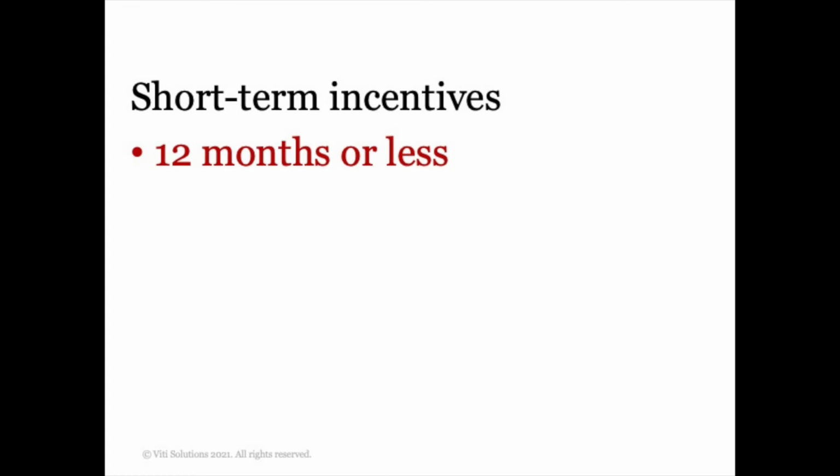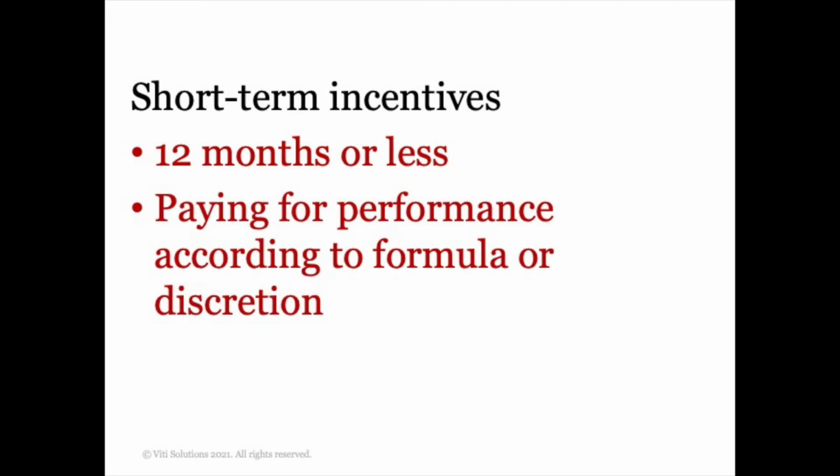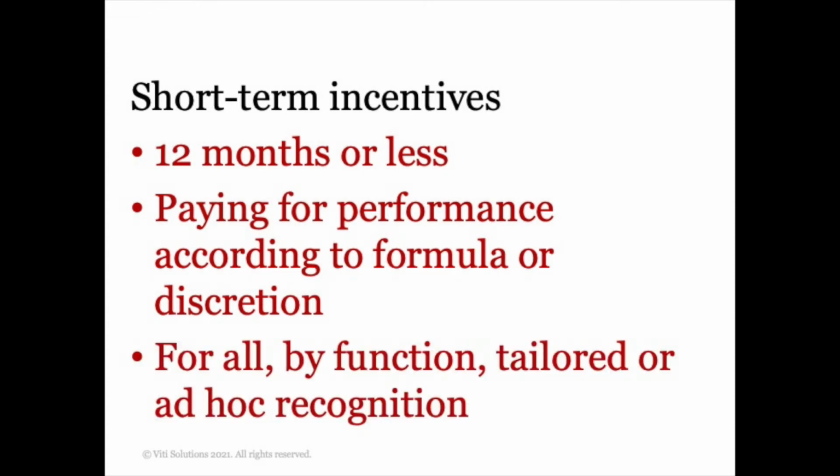The way we design short-term incentives is by either applying a formula or a discretionary analysis of performance and then paying individuals for it or groups of individuals for it. Examples of short-term incentives range from the broad all-employee based or large group linked profit shares or success shares to incentives that are designed specifically for a function, like sales incentives or project management incentives.